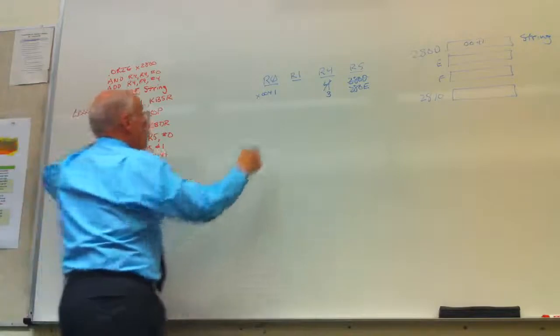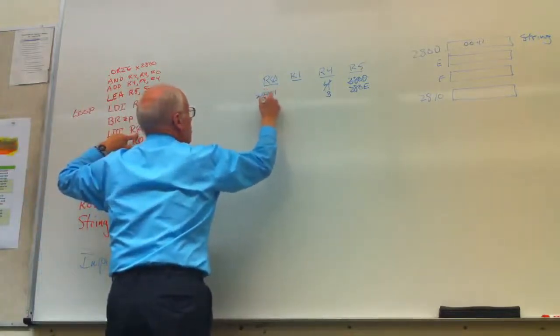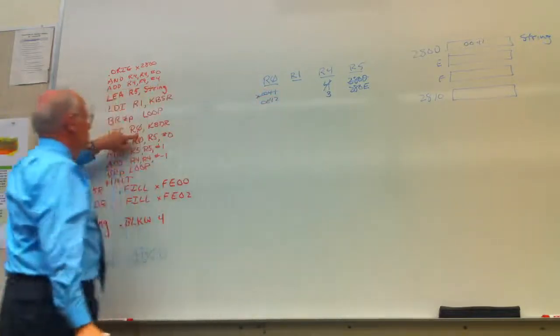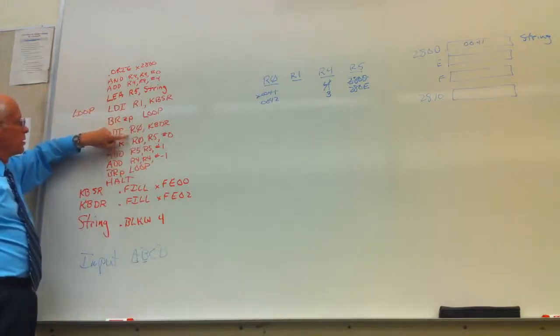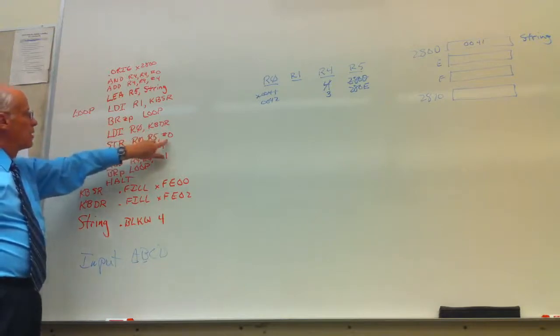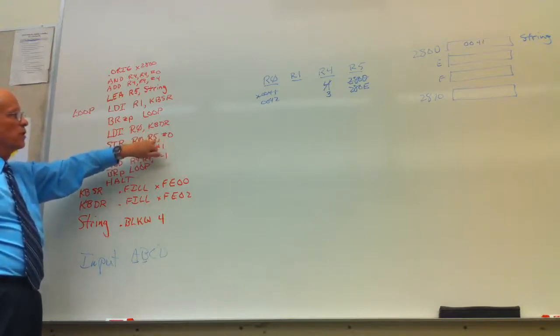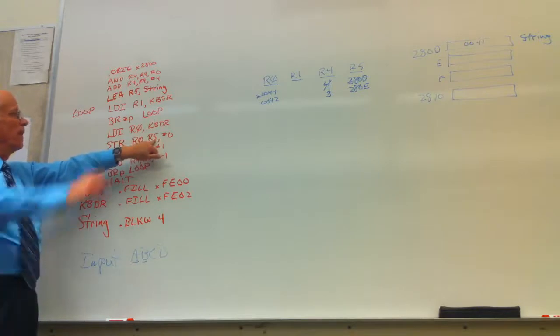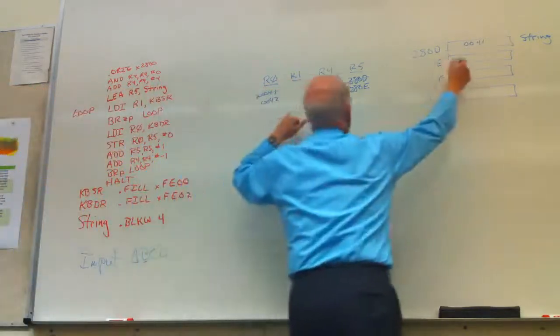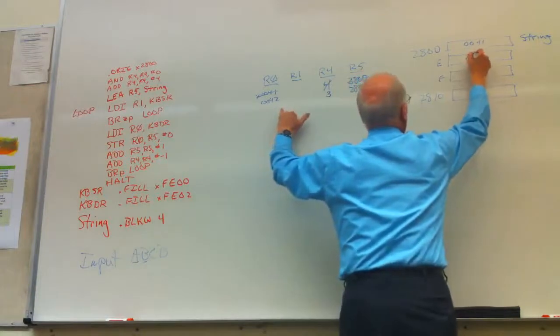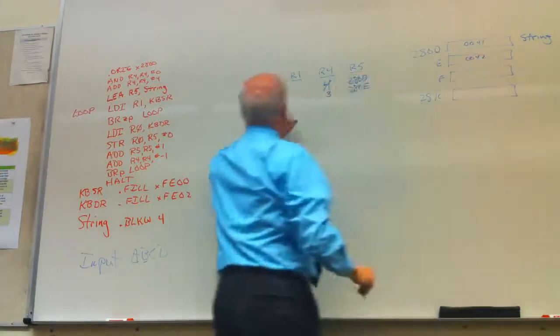Now the ASCII code for a B is 0042. So we get that into register 0. Now we store it in memory at the location whose address is in register 5, 280E. So we go out here and we get 0042.